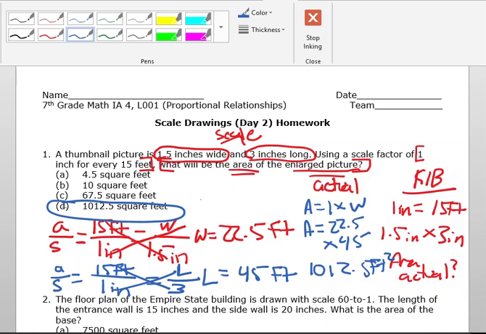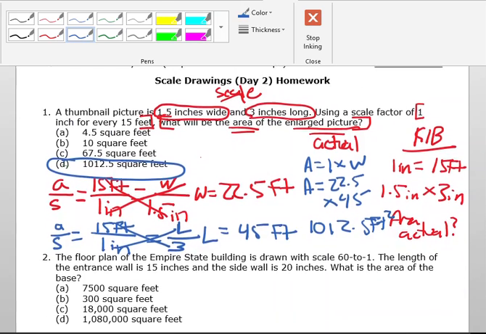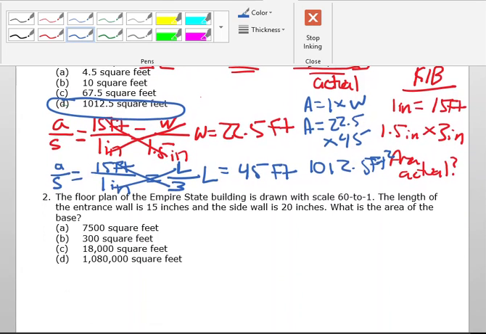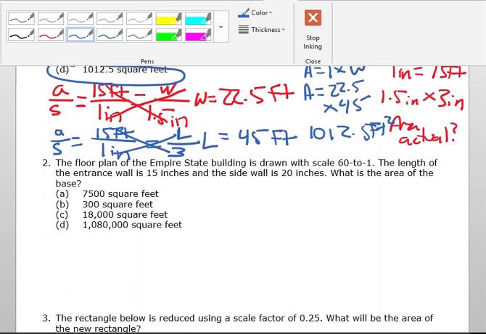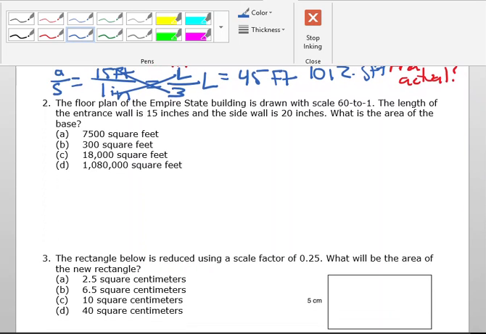All right, so I will do one of these weird scale ones here. So we'll do the Empire State Building one, because the way they give us the scale here is a little bit different. The floor plan of the Empire State Building is drawn with a scale of 60 to 1. What does that mean?